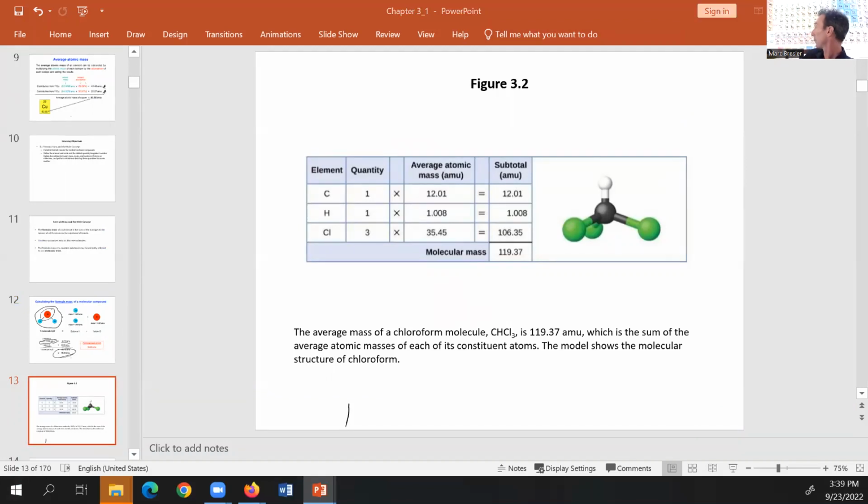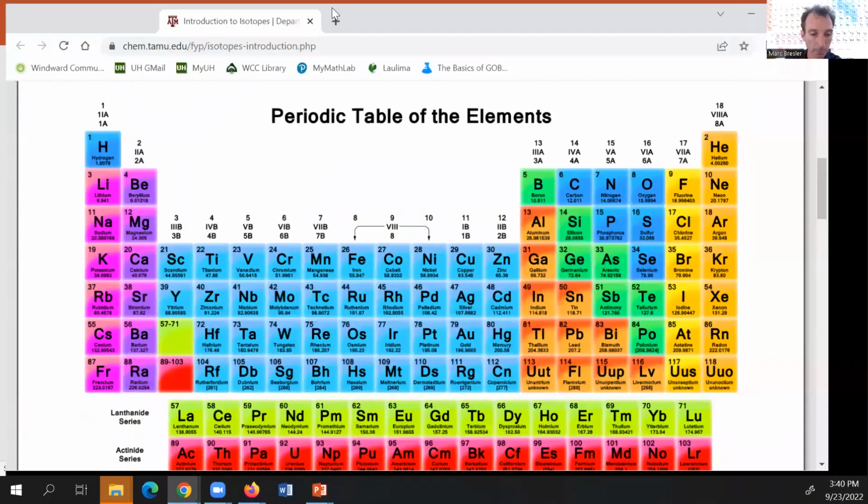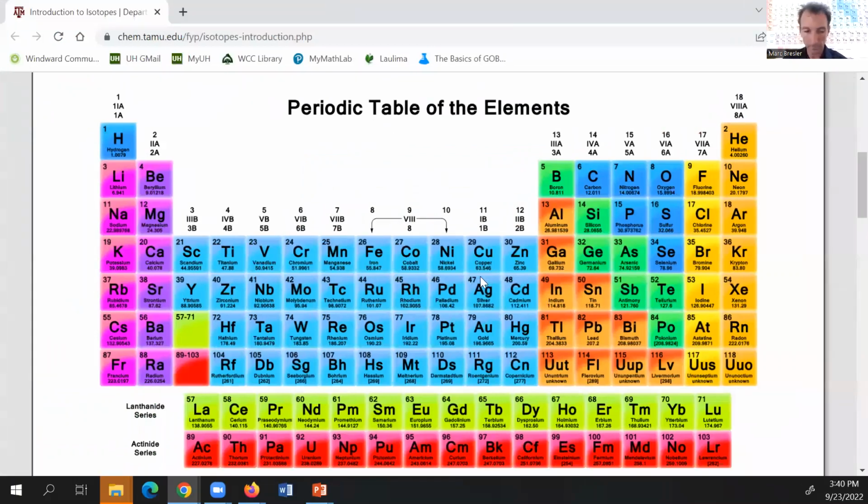With the one you might see behind me here, if you look on the bottom part of the atom, that's where they put the AMUs. So for this periodic table, let's look at this one here. You can see all the atomic weights on this.